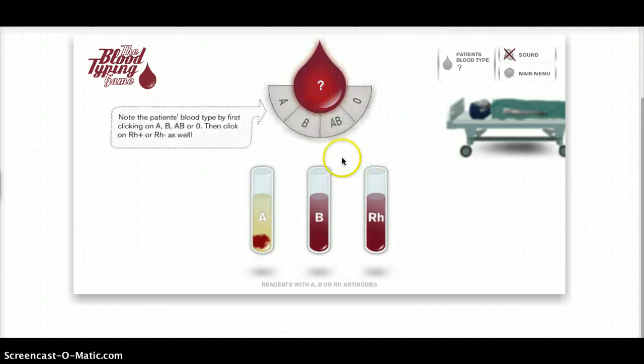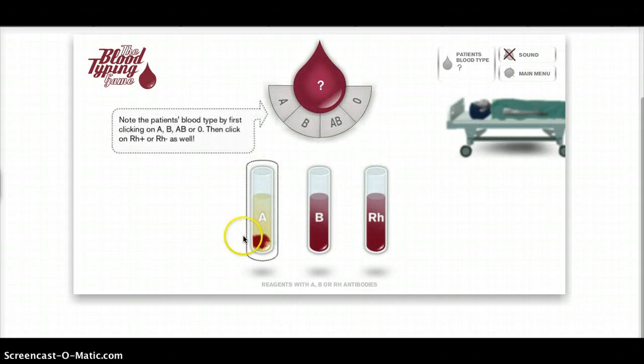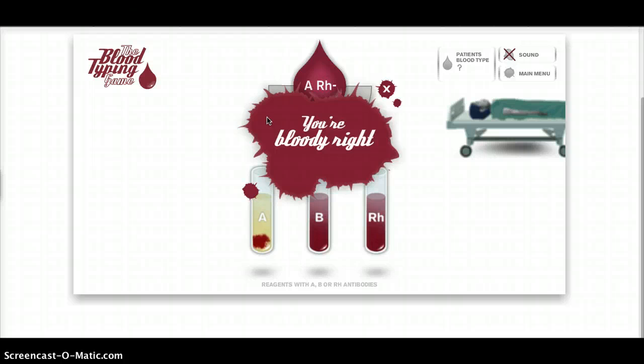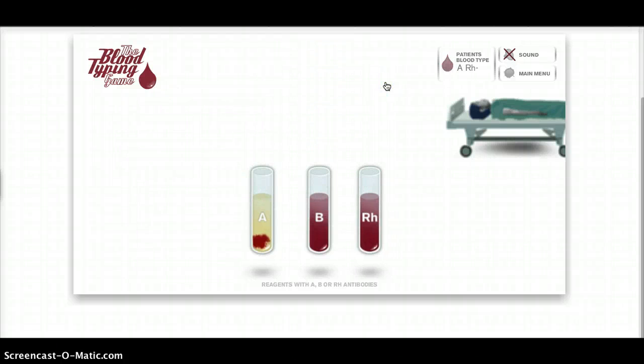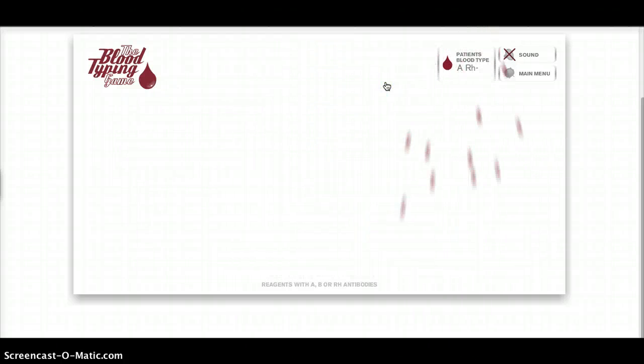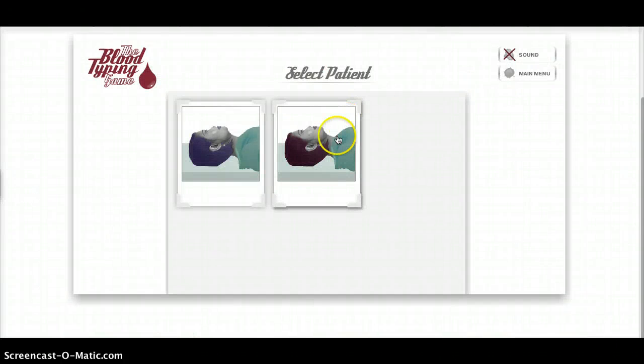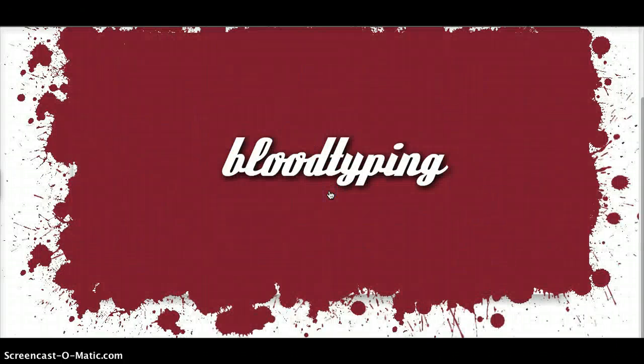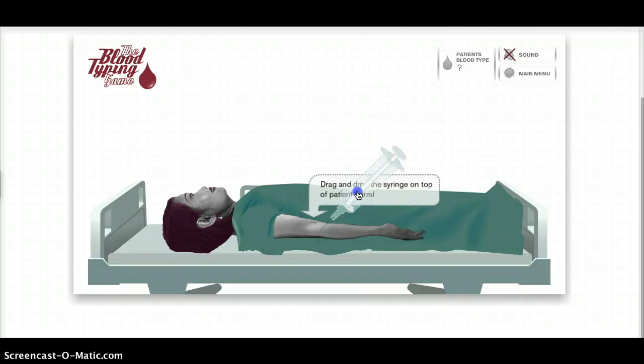Based on what you can see occurring in this test tube compared to these two, the student should know that this patient's blood contains the A antigen only. That makes them A negative. They will perform the same thing with the other 2 patients.